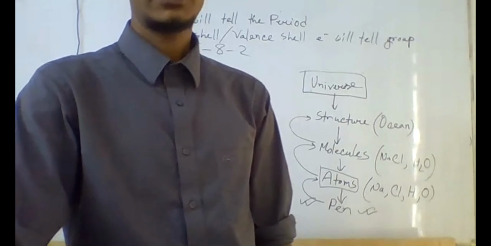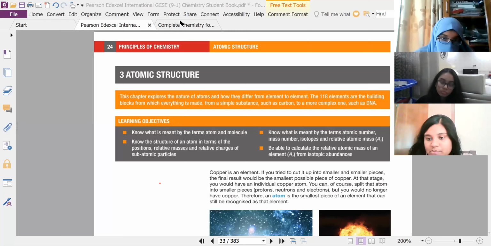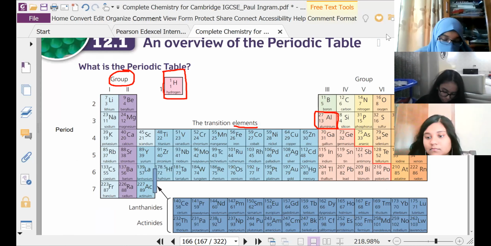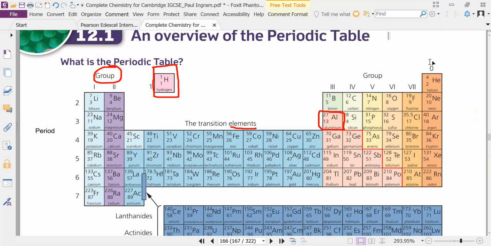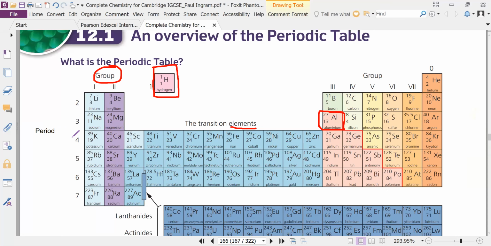So if I go back to the periodic table, say for example, calcium. Look at the electronic configuration.